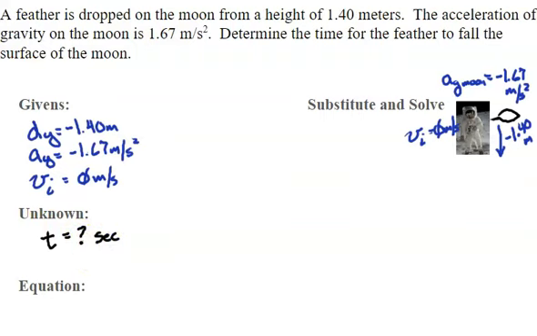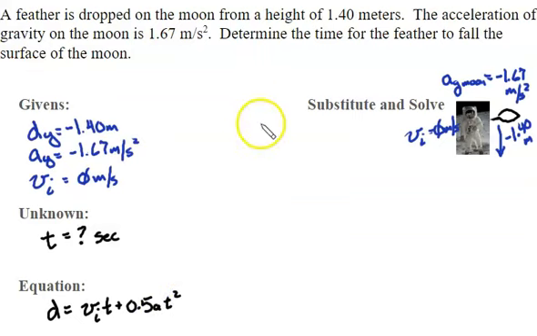The equation that we're going to use is displacement equals velocity initial times time plus 0.5 times acceleration times time squared.